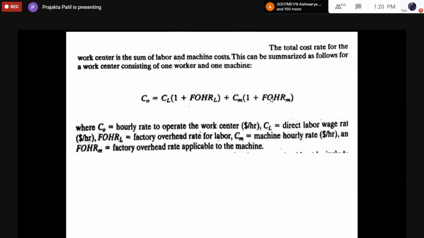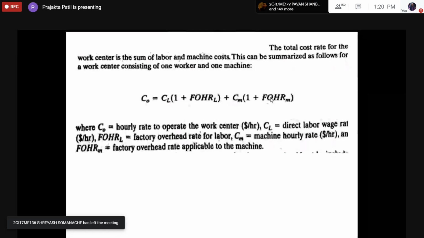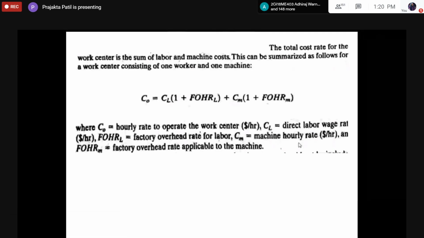CL is the direct labor wages, dollars per hour. FOHRL is the factory overhead rate of labor. CM is the machine hourly rate. And FOHRM is the factory overhead rate applicable to the machine.